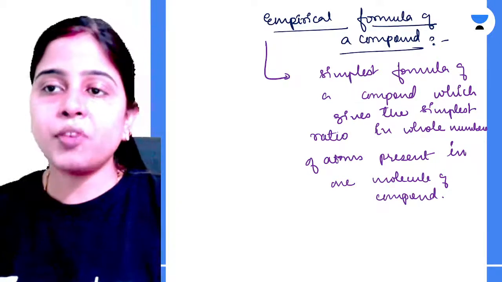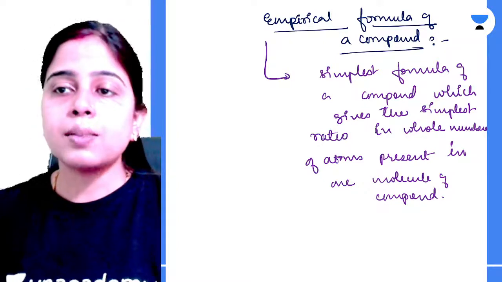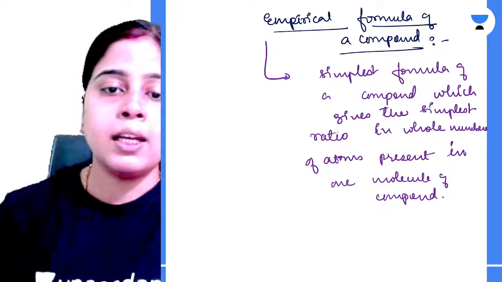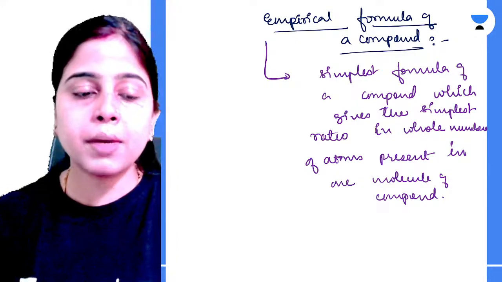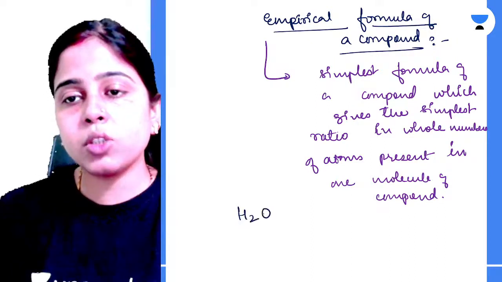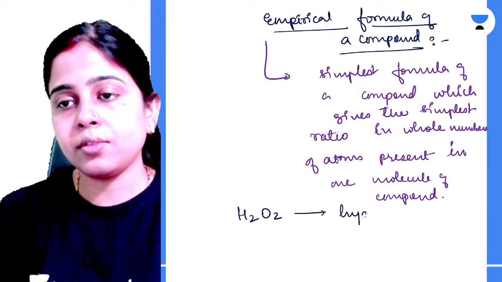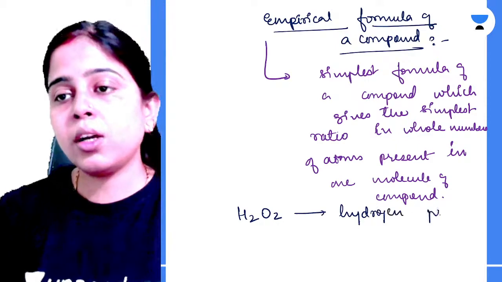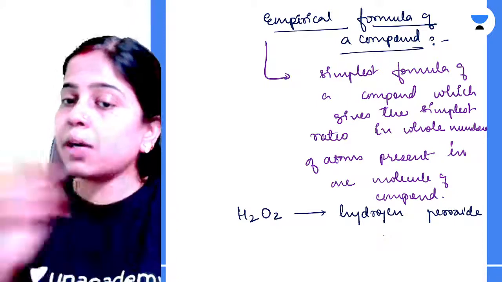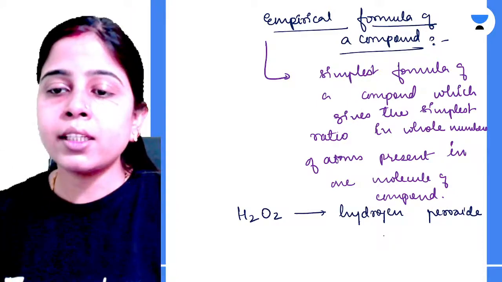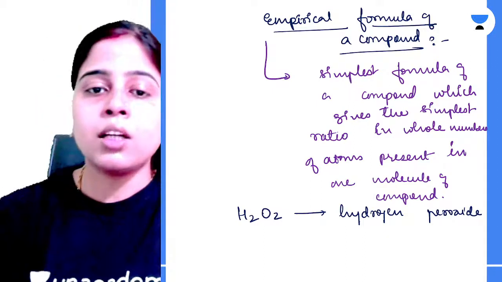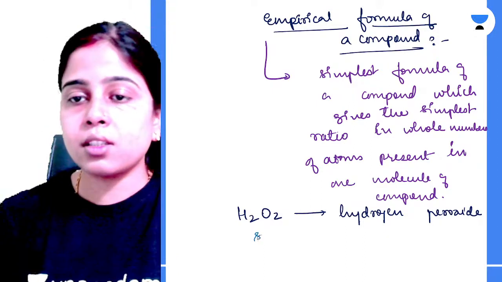Okay, the simplest formula of a compound which is giving the simplest ratio in whole numbers of atoms present in one molecule of the compound. Let me show you an example. What do we mean by this? For example, you have hydrogen peroxide. This is the molecule of your hydrogen peroxide. Now in this case, you can see you have two atoms of hydrogen combining with two atoms of oxygen to form hydrogen peroxide. Now what will be the simplest ratio of this?